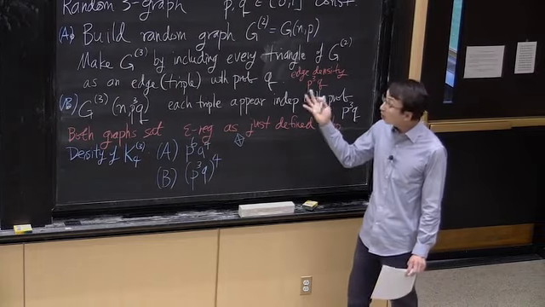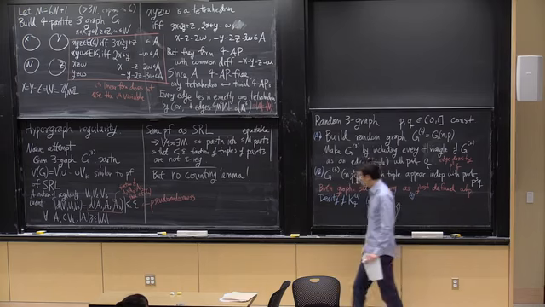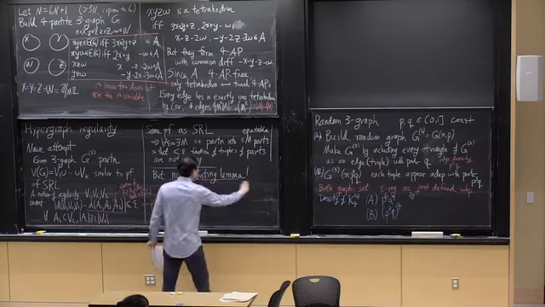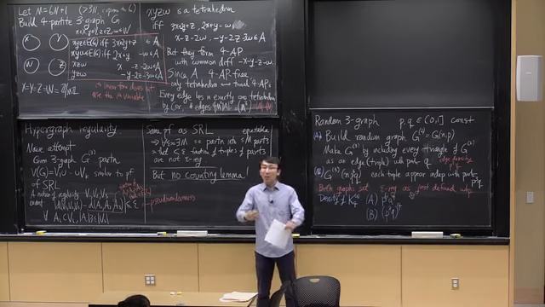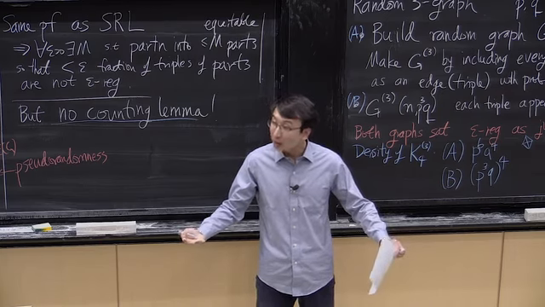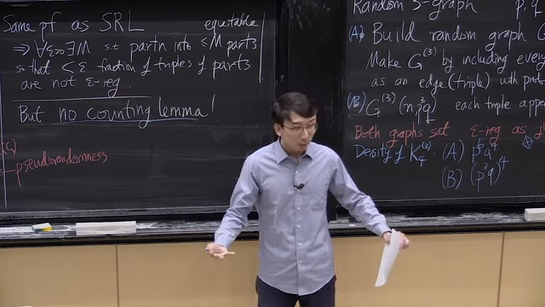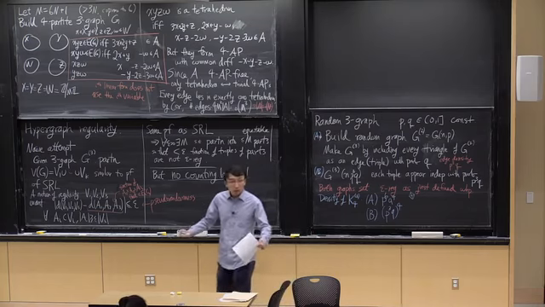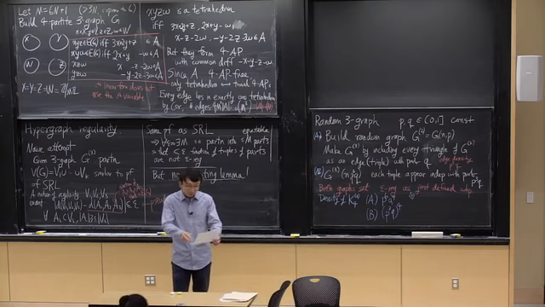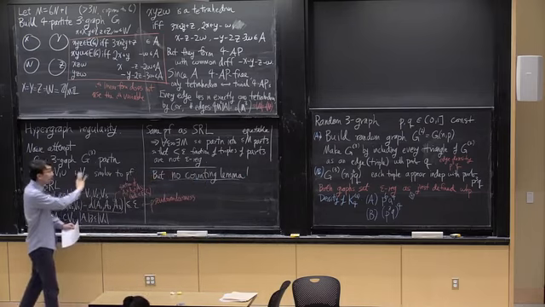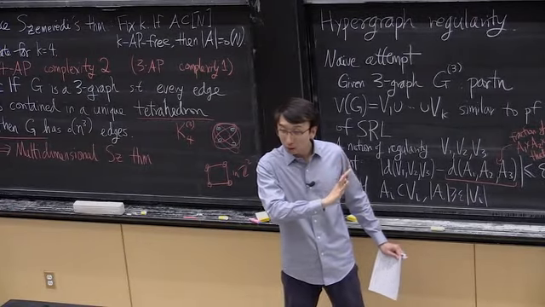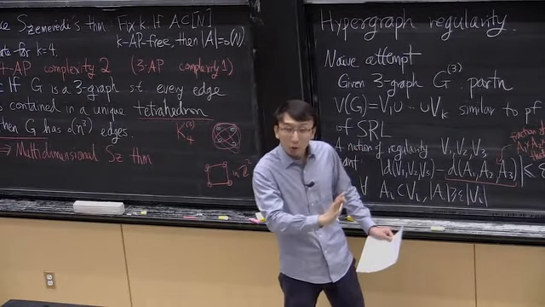So this is an example showing why there is no counting lemma. Because you have 2 different graphs that have the same type of regularity and densities, but have vastly different densities of tetrahedra. Okay? Any questions about this example? And it shows you, at least why this naive attempt does not work, at least if you follow our regularity recipe.